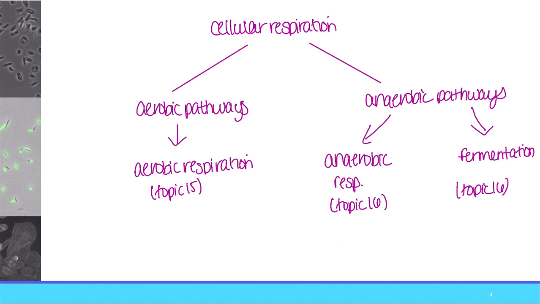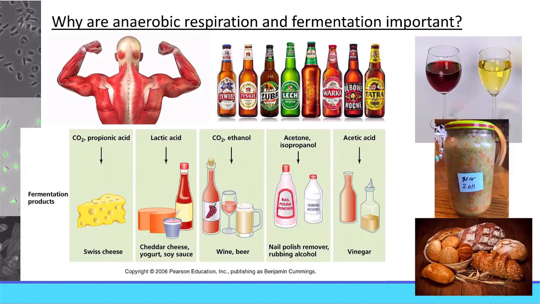Let's first talk about why anaerobic respiration and fermentation are so important. I have a bunch of pictures here, and as we go through the different types of fermentation and anaerobic respiration, I'll give you more examples as well. First and foremost, oxygen isn't everywhere. If you remember back to Bio161, when we talk about the different layers found in lakes and in oceans, the further down you go, the less oxygen there is.